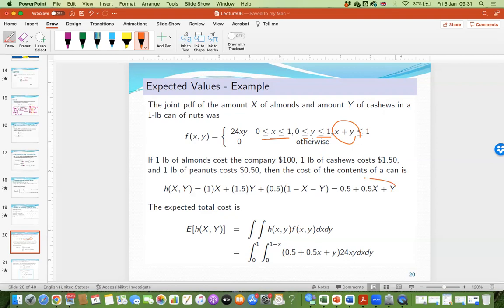So this is the equation for this condition.